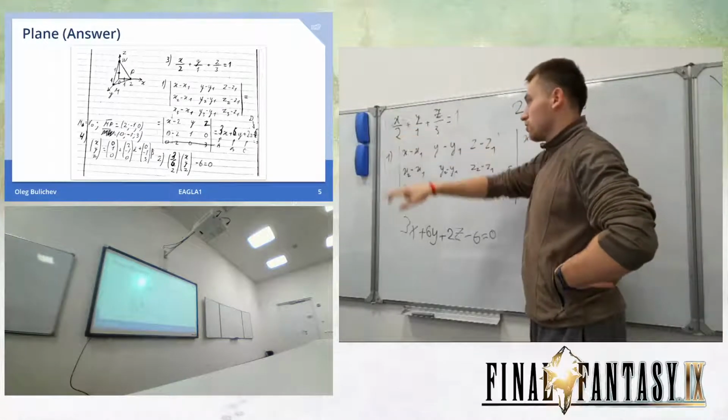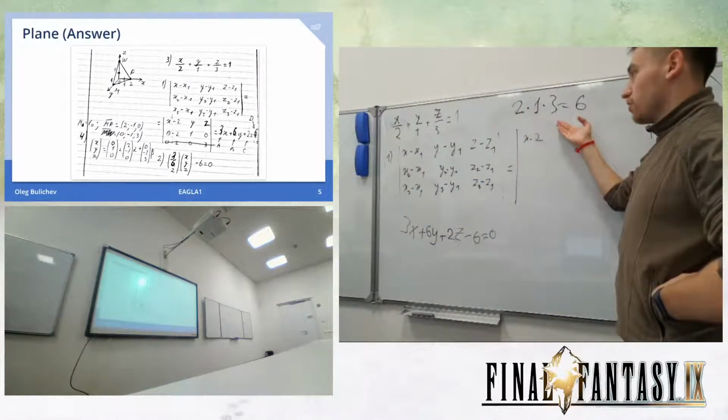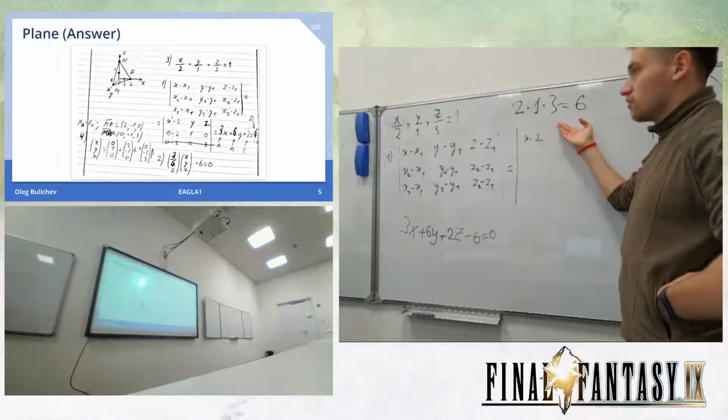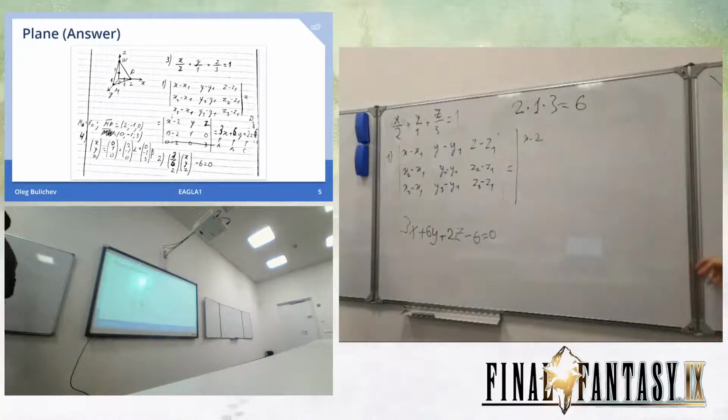How can you do it? You wrote it. Explain what you did. First step, we take all denominators and multiply them.